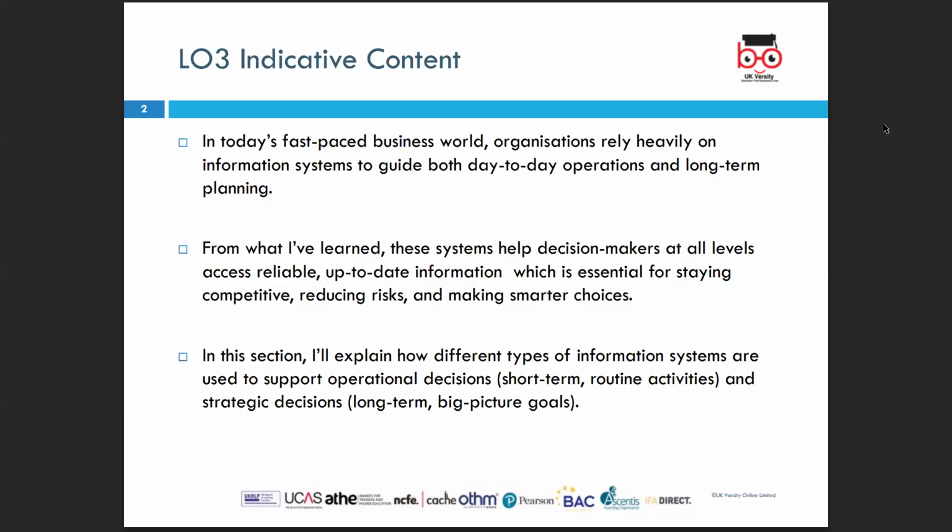So from what we've covered so far, these systems are mainly focusing on helping us with decision making at all levels, with access to reliable, up-to-date information, which is essential for staying competitive, reducing risks, and making smart choices. So regarding this section, we're now going to explain how different types of information system are used to support our operational decisions.